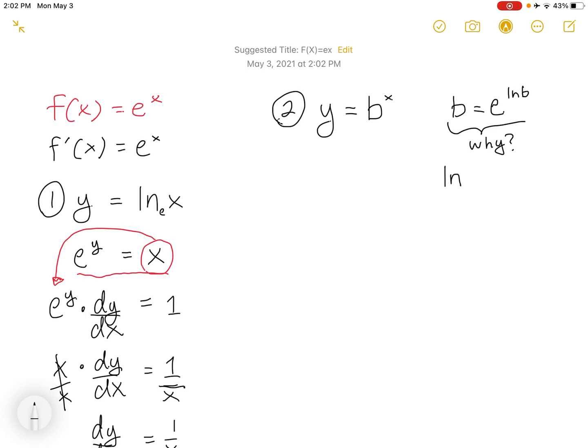The argument is going to be b, which is this guy, because that's the value of the exponent, and that has to equal the exponent over here, which is ln b, right? So that's why b is equal to e to the ln b. And in order to take the derivative of y equals b to the x, we're going to do this substitution. So I'm going to take this and sub it in for b.